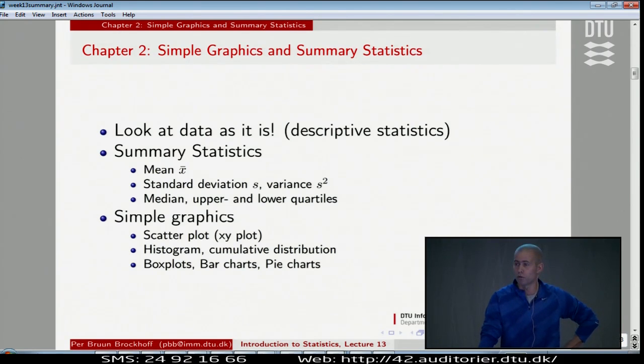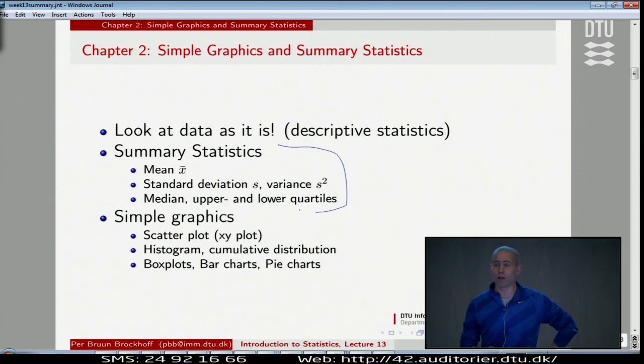We should use the tools we have already seen, and maybe even develop new tools. We should look at data by plotting. We should compute summary statistics to tell a summary story of the data we have, and we have met the mean and the standard deviation and variance as an important thing to tell the story about variability.